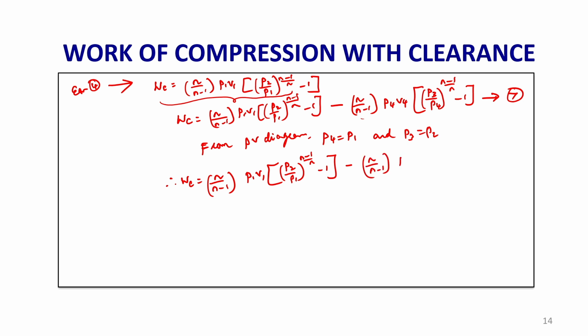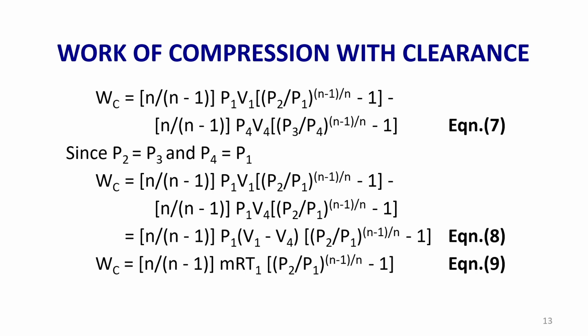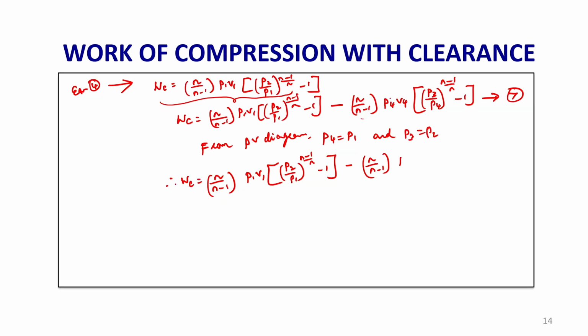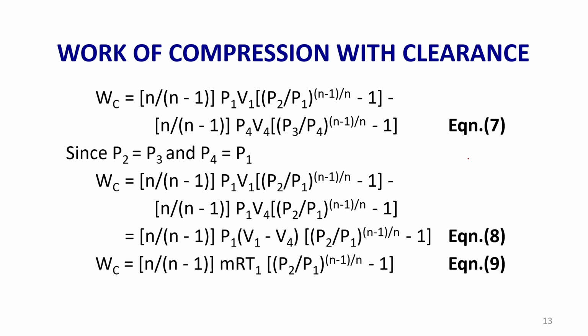Instead of P4 you can substitute P1, so P1 into V4, and within the bracket instead of P3 I am going to write P2, instead of P4 I am going to write P1, whole power n minus 1 by n minus 1. So, this is what I have written here: n by n minus 1 P1 V1, the first term, there is no change, minus n by n minus 1 P1 V4 into this one.